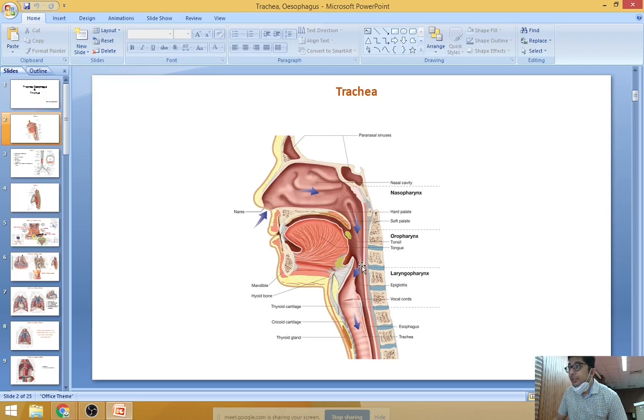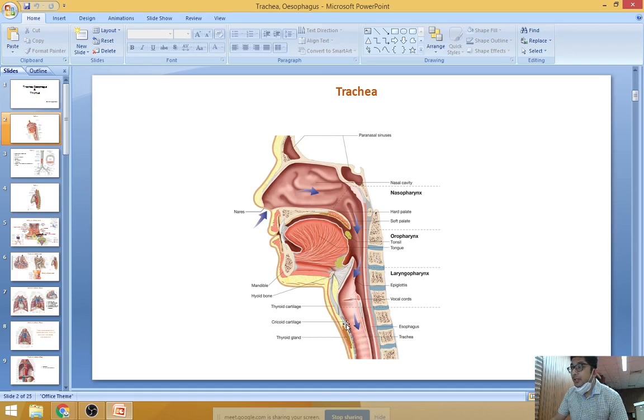And posteriorly the laryngopharynx is there. After the laryngopharynx, the esophagus will start. So the larynx continues as trachea, the pharynx continues as the esophagus. The trachea lies in front, the esophagus lies in back, and this transition happens at the C6 vertebra.